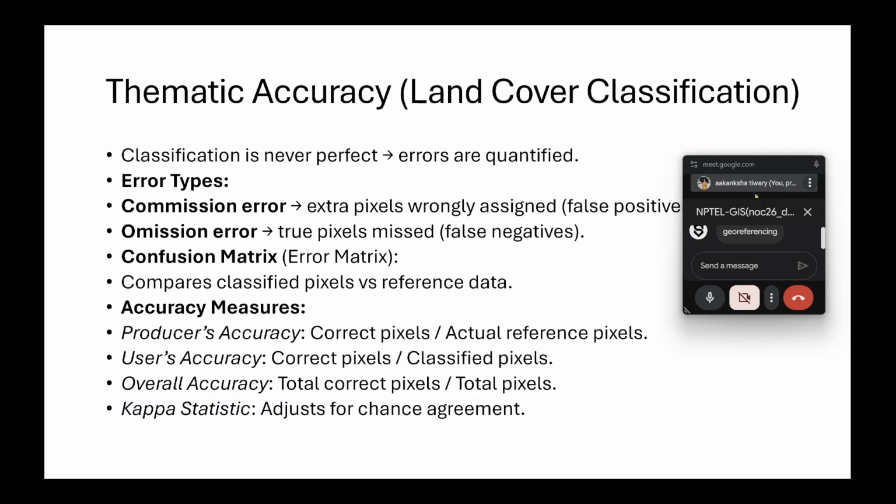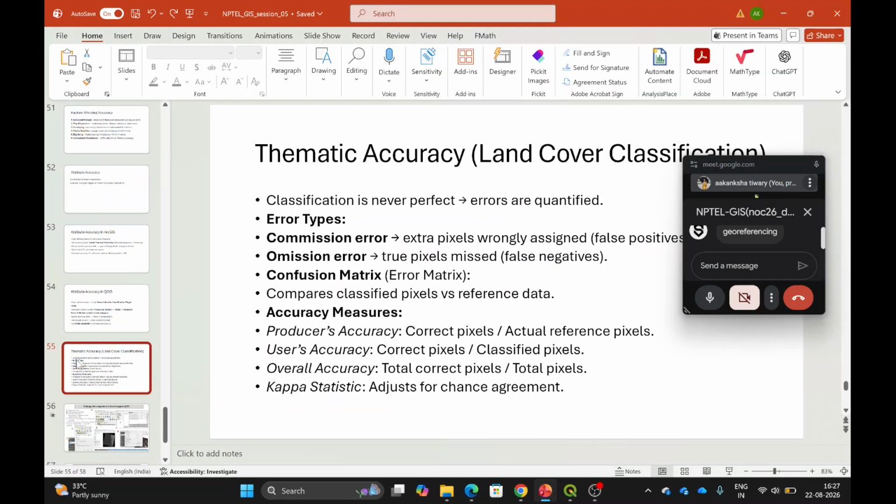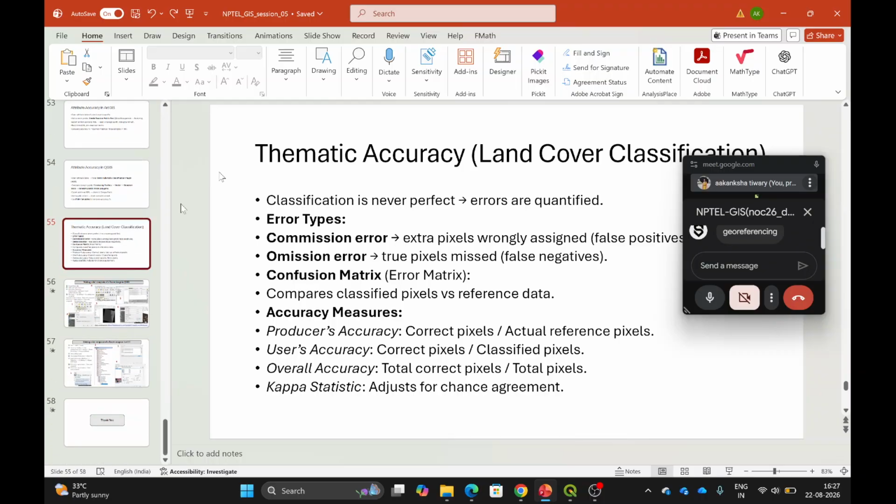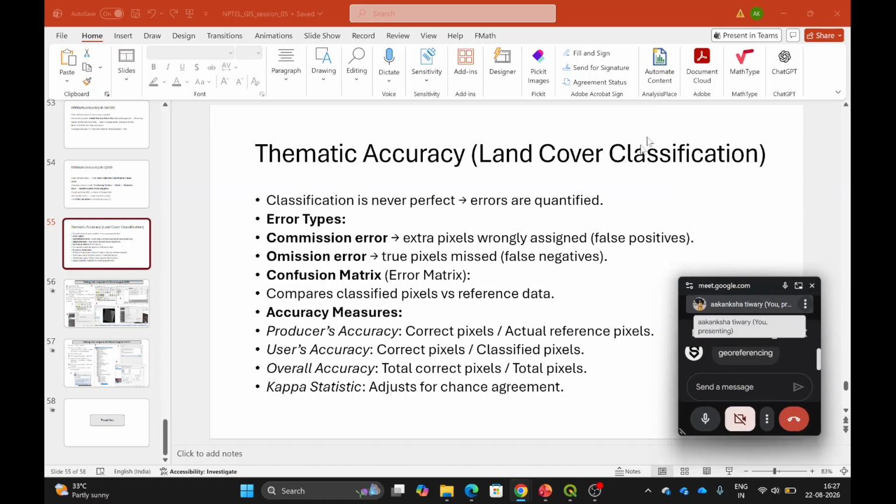Since we are talking about thematic accuracy, we should know how we can make this classification. You can only understand these types of errors and accuracy if you have some classified data, right?